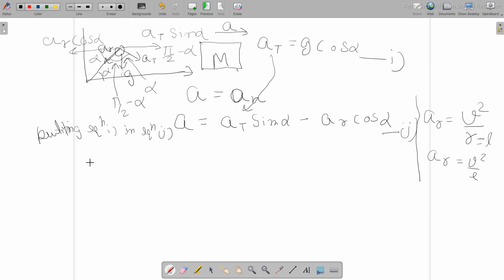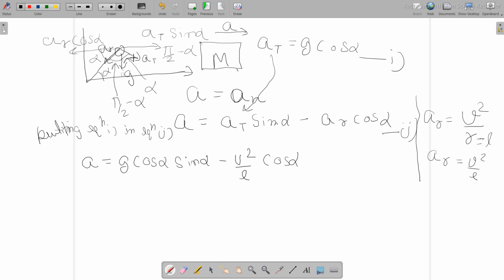therefore acceleration a is equal to g cos alpha sin alpha minus v square by L cos alpha.